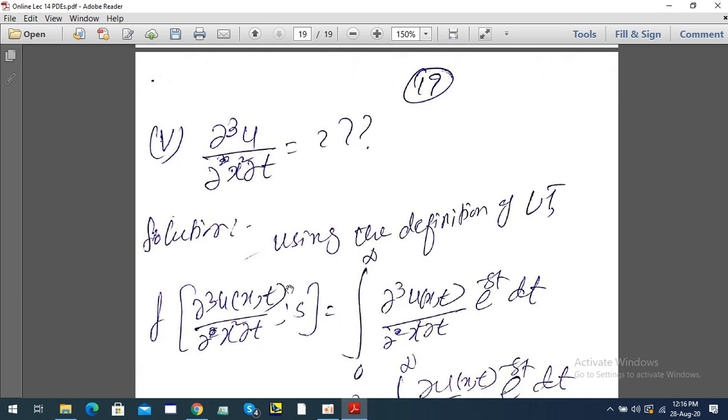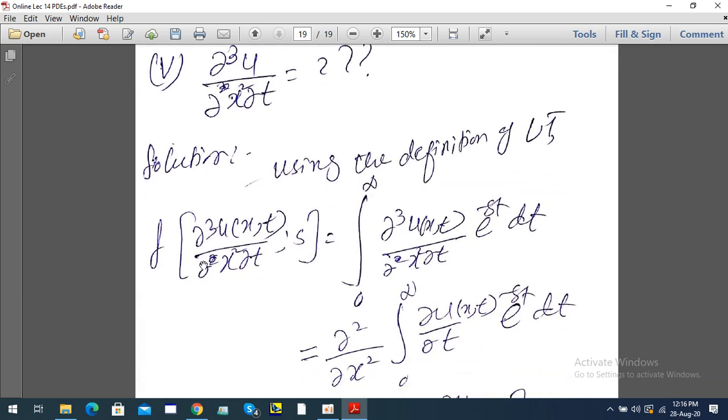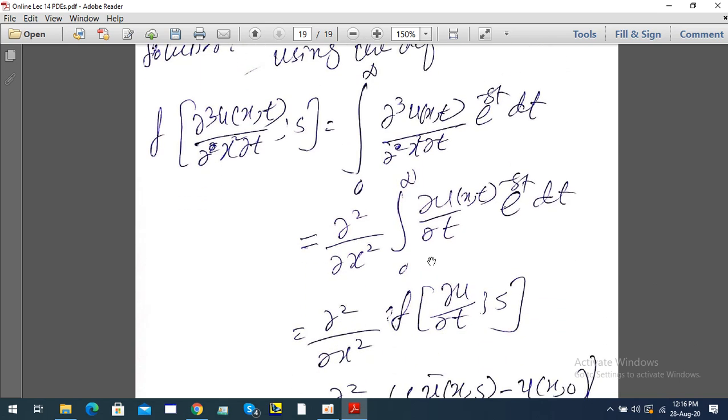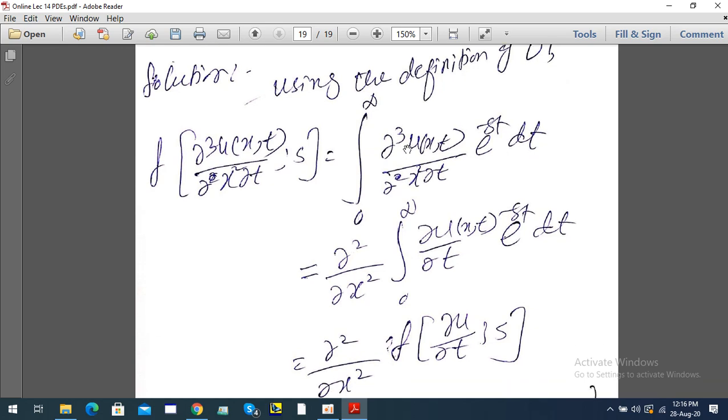So we can use the definition of Laplace transform: the Laplace of partial cube u by partial x square partial t is equal to integral 0 to infinity of partial cube u of x,t by partial x square partial t, e power minus st dt. As partial square by partial x square is constant with respect to t, we take it out, and in the integral we have partial u by partial t. Because it is differentiated with respect to t, it is variable now.